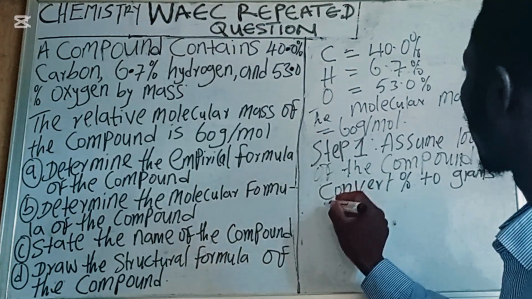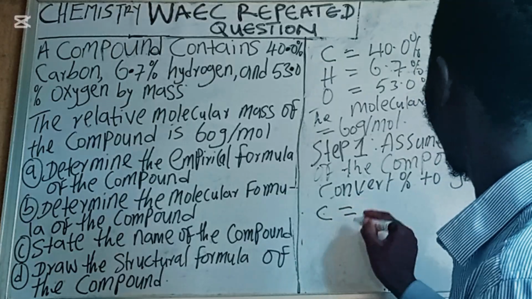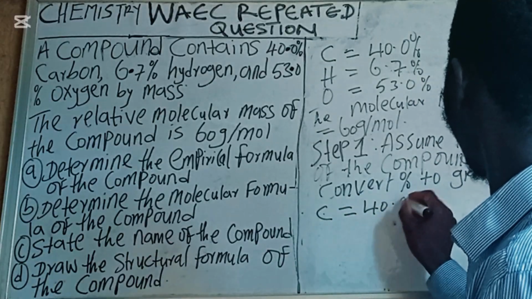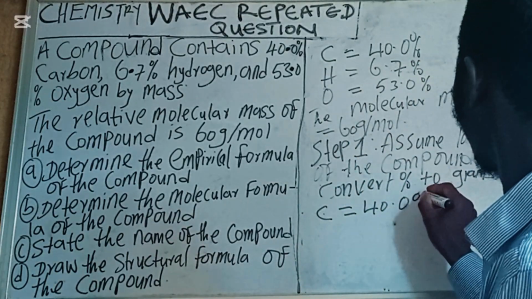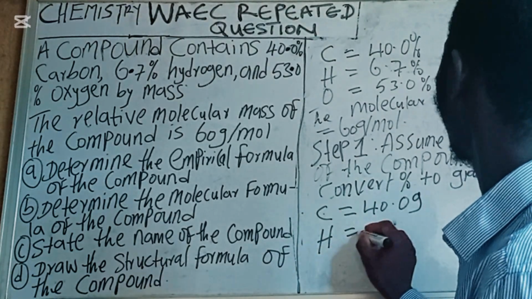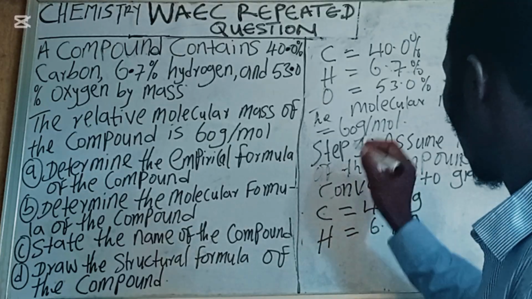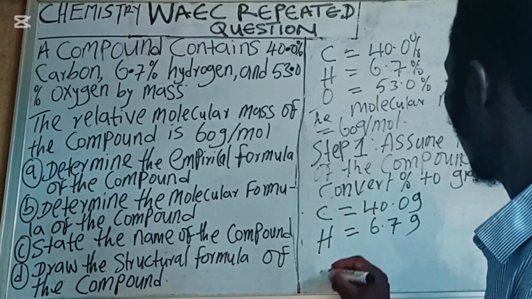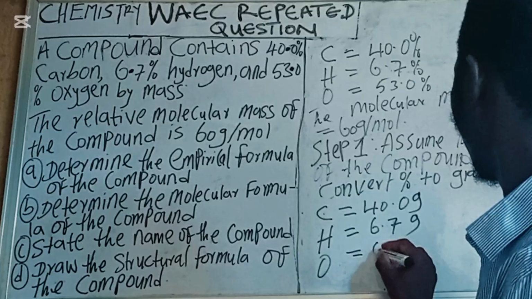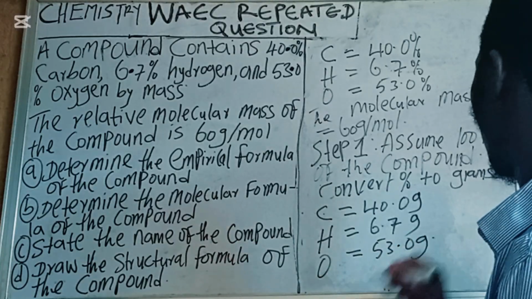Carbon is 40.0; instead of percent, you now put grams. Hydrogen is 6.7 grams. The last element, oxygen, is 53.0 grams.